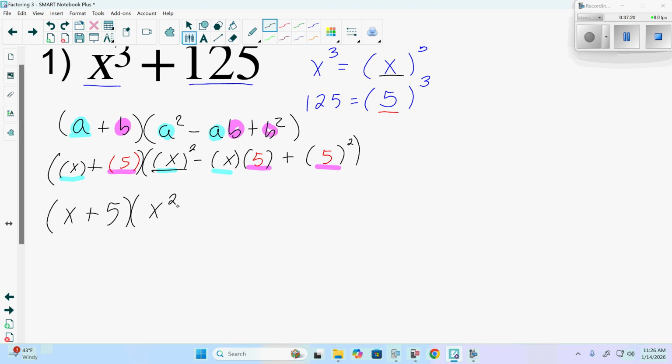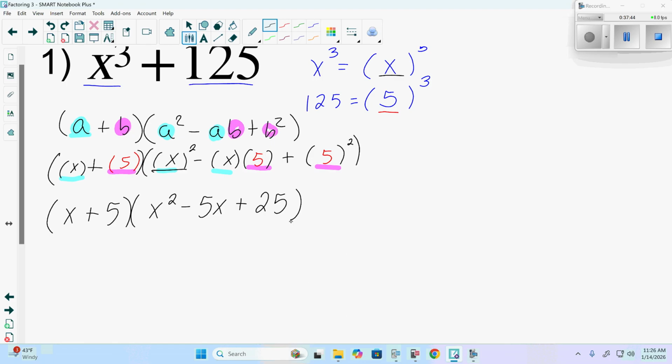In the middle spot, we have x times 5, which would be 5x, plus 5 squared. 5 times 5 gives us 25, telling us that we have x plus 5 times x squared minus 5x plus 25. Questions on how we got to this here?